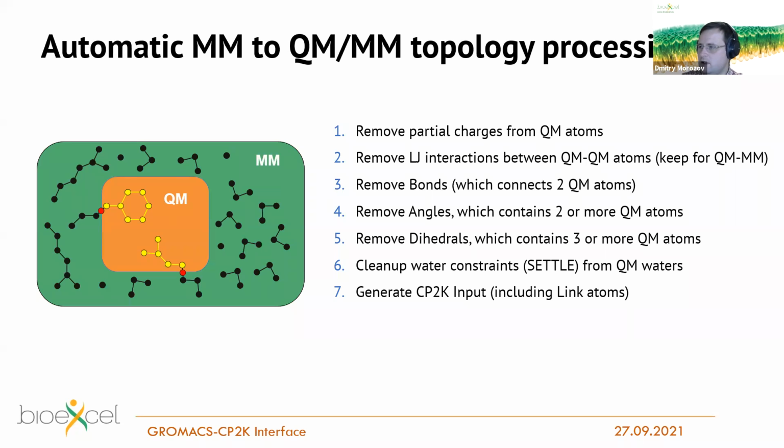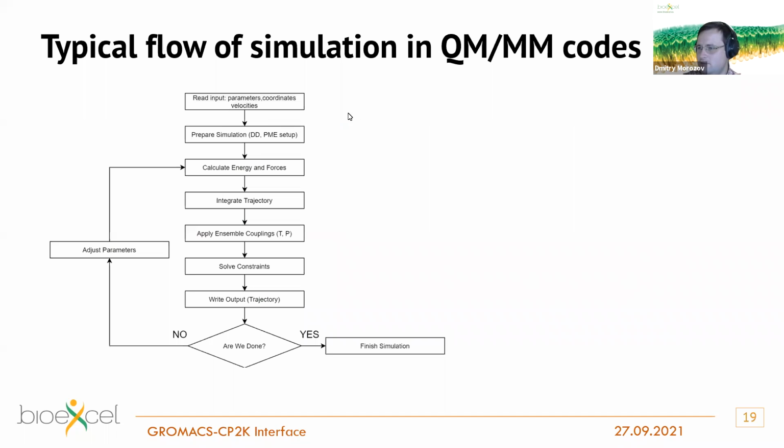Okay, then I want to talk about how one usually implements these QM/MM interfaces and how it looked before. This is a typical flow of an MD simulation. It is a cycle which continues until you reach the given number of steps.